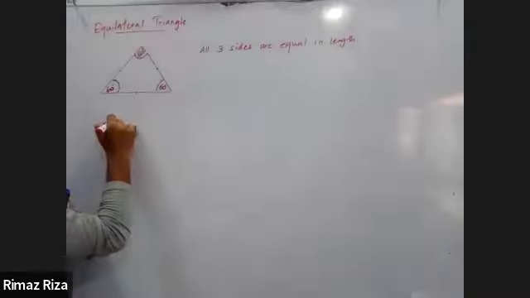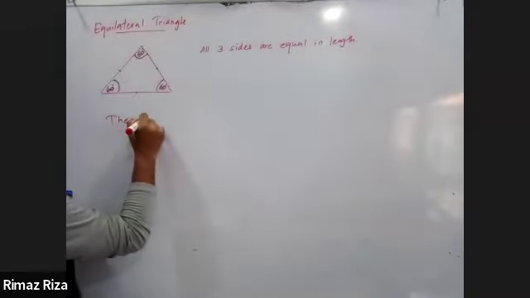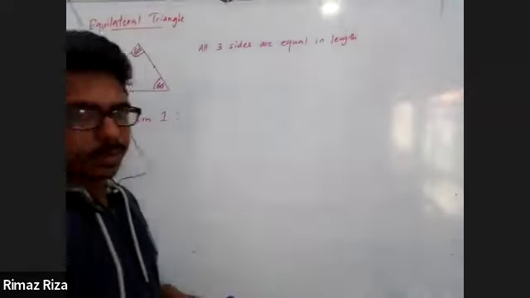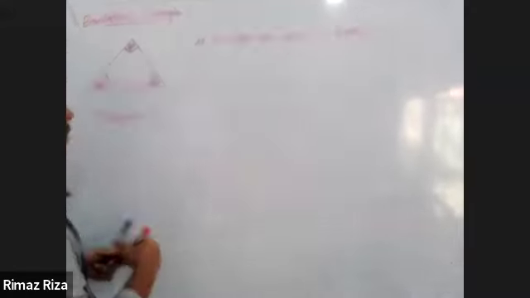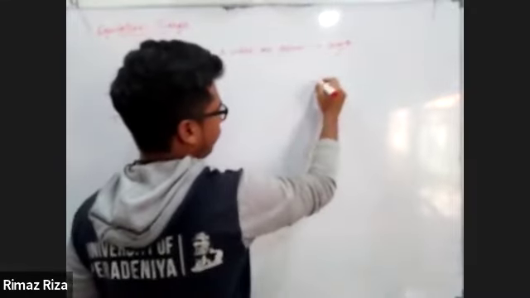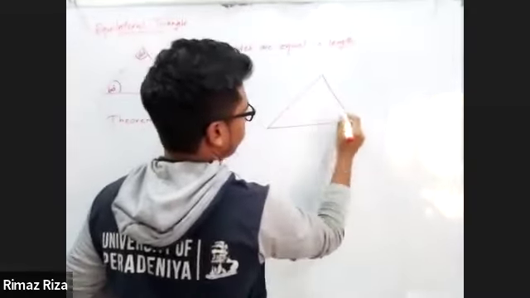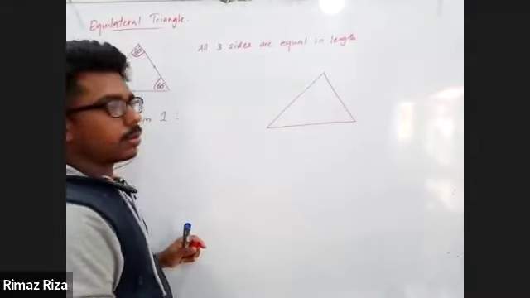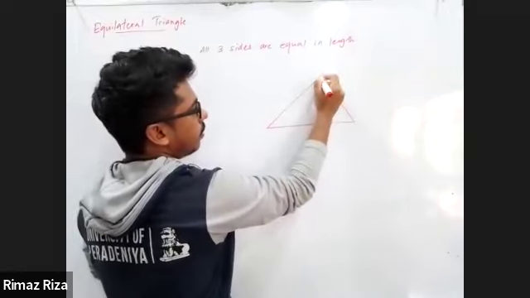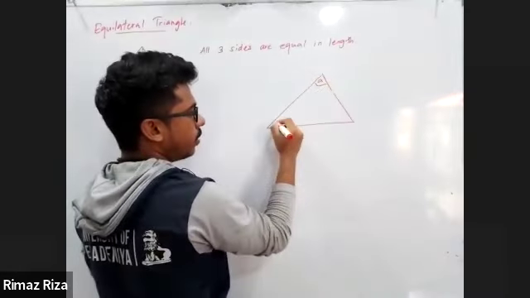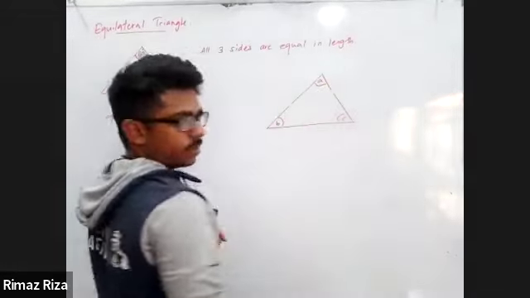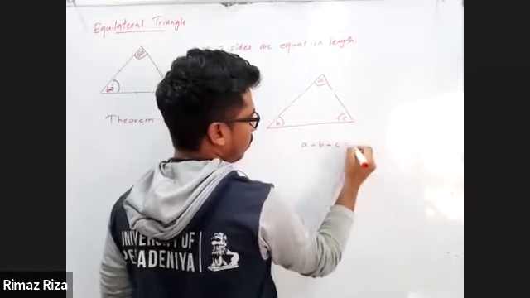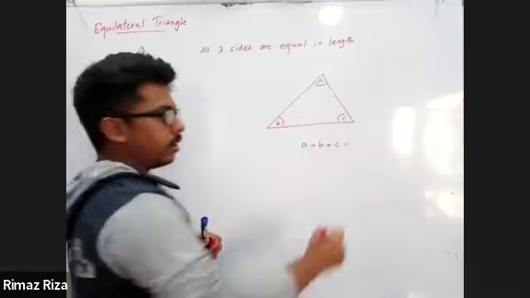So, theorem 1. If you take a triangle, let's say this angle is A, this angle is B, and this angle is C. Ibrahim, tell me, A plus B plus C is equal to what? 180.